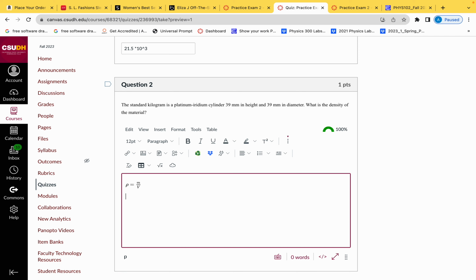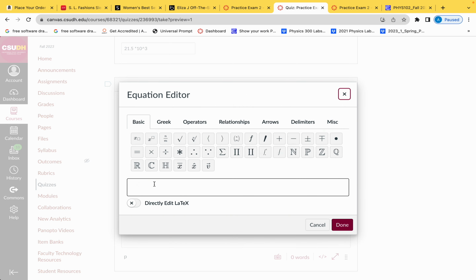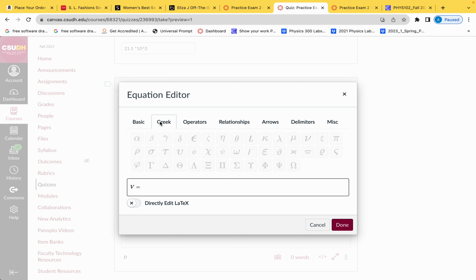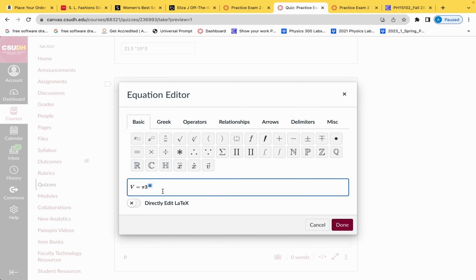Now I can also say here another function, V equals, for the cylinder, pi r squared, so it's going to be pi times r, and then you go here, squared.